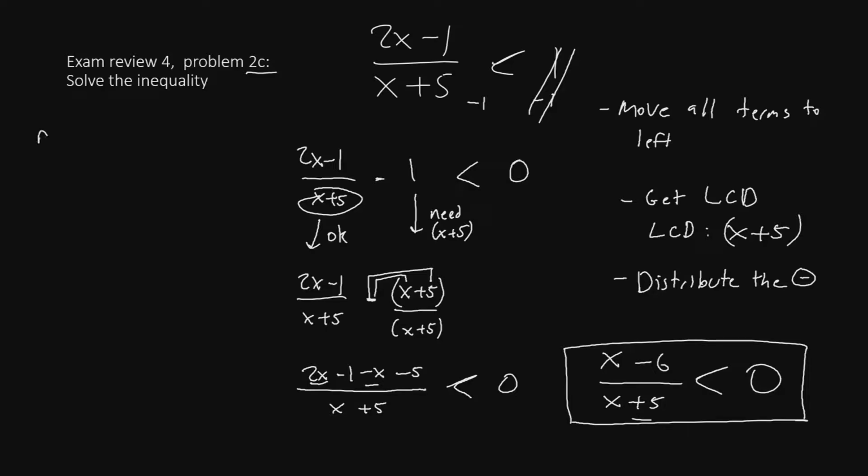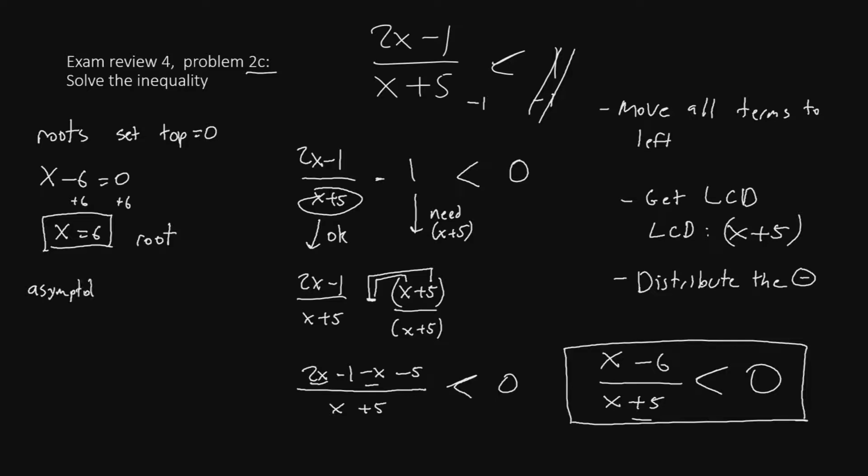To get the root of a rational equation like this, we'll need to set the top part equal to 0. So we'll say x minus 6 equals 0. If we add 6 to both sides, we'll get x equals 6 as our root. Now to get the asymptotes, we set the bottom equal to 0.